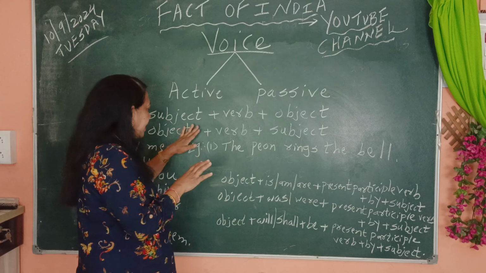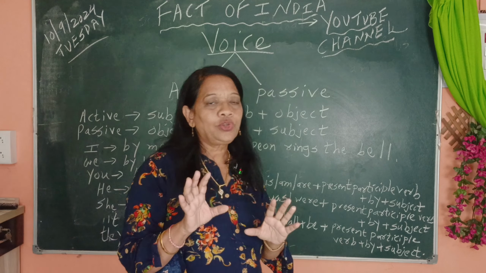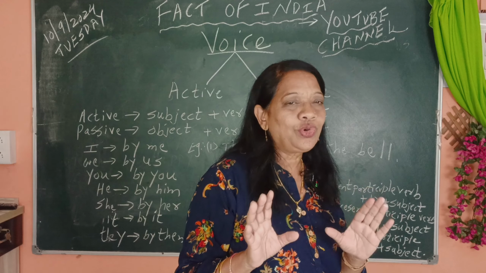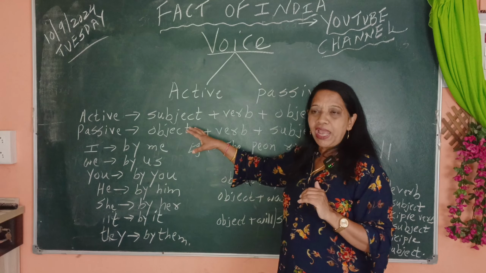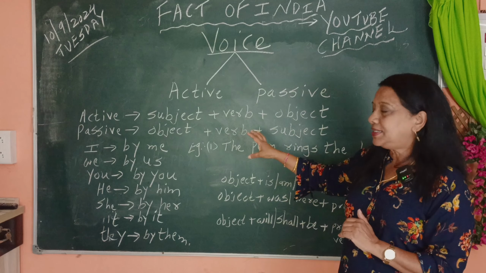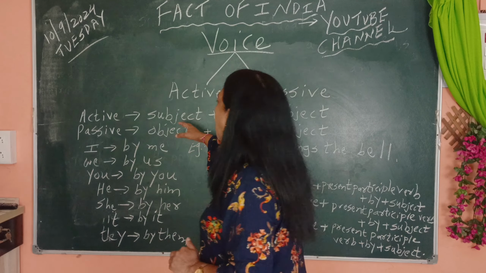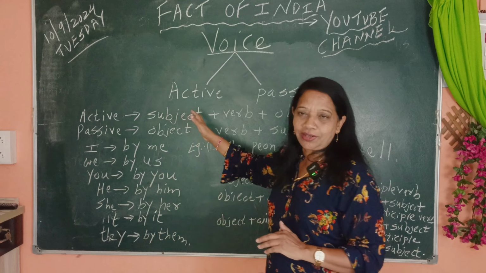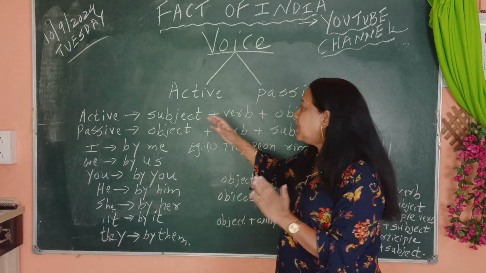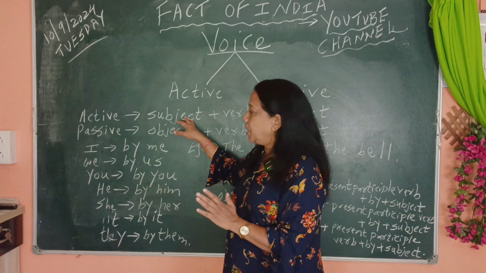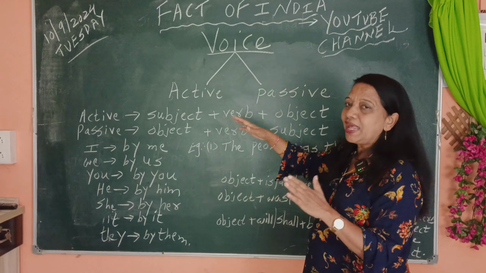Friends, while learning about voice, first you must be very clear about what is the subject, which is the verb, which is the object. The doer of the action is the subject, and whatever action is done by the doer, by the subject, is the verb.